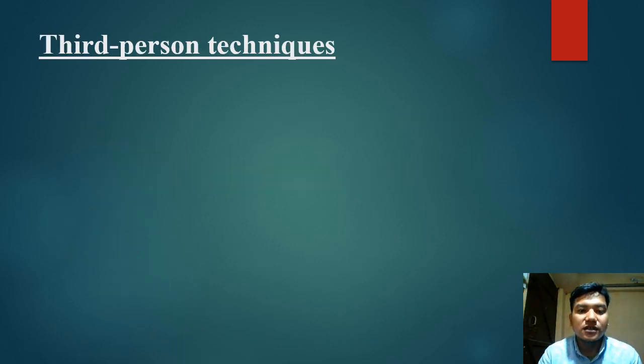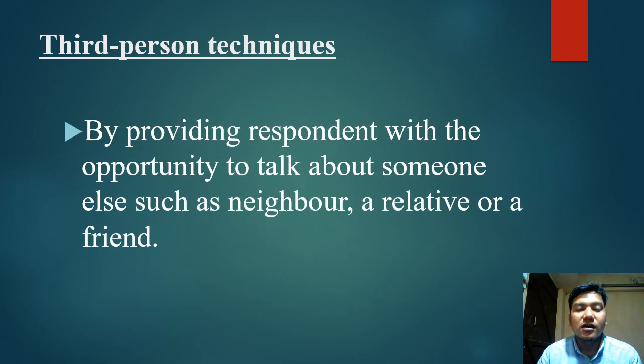And the next is the third person technique. This is also a very simple technique to test the personality of a respondent or a person. By providing this kind of technique, the respondent has an opportunity to talk about someone else such as a neighbor, a relative, or a friend.